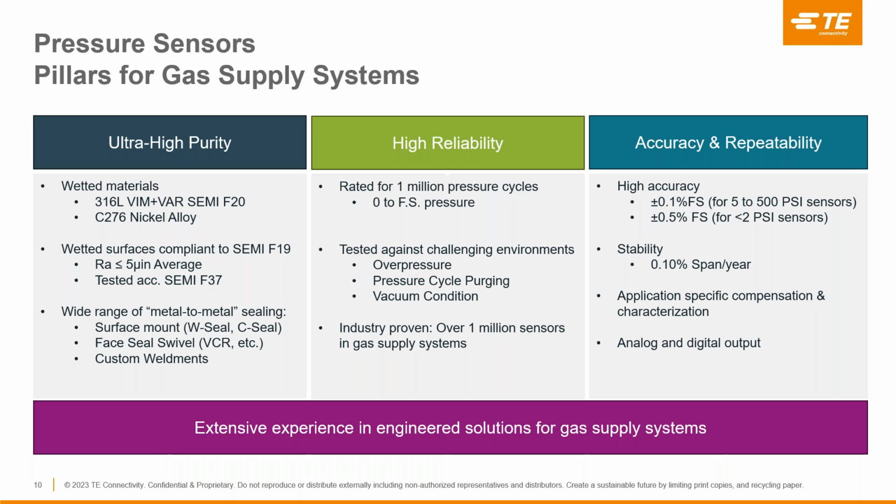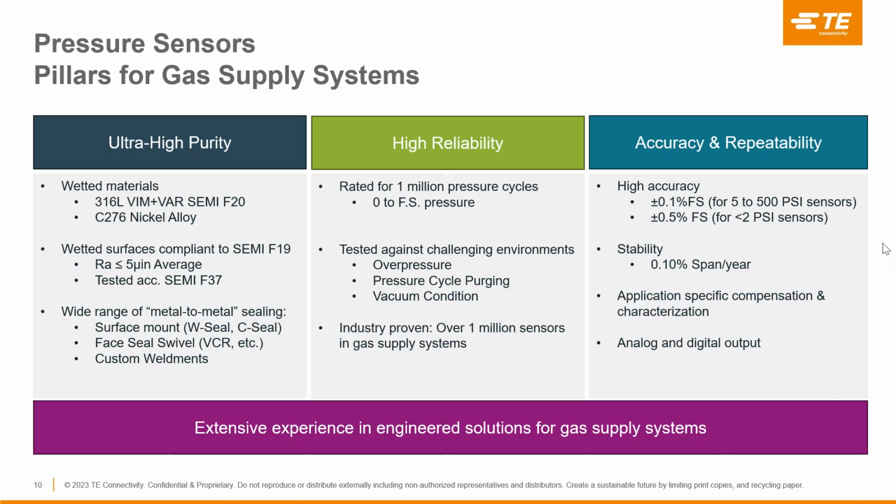Under reliability, our sensors are rated to maintain performance after 1 million pressure cycles. We test our sensors against challenging conditions seen in gas delivery systems like overpressure and long-term vacuum conditions. Lastly, we're industry proven. We have over 1 million sensors in gas delivery systems in the field.